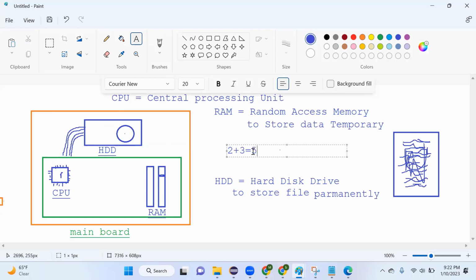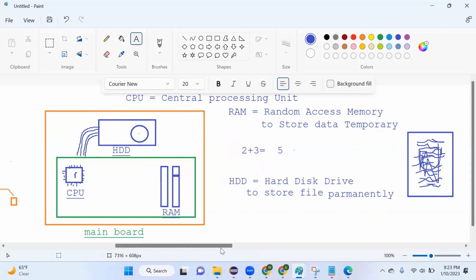And if I want to save 5, if I put it into a file, then the file will be saved into the hard drive, so that next day or next month or next year, you will see the file has 5. So these are the basic operations of a computer.